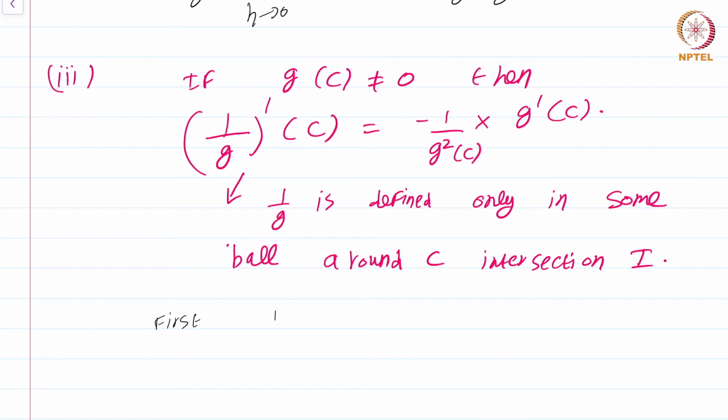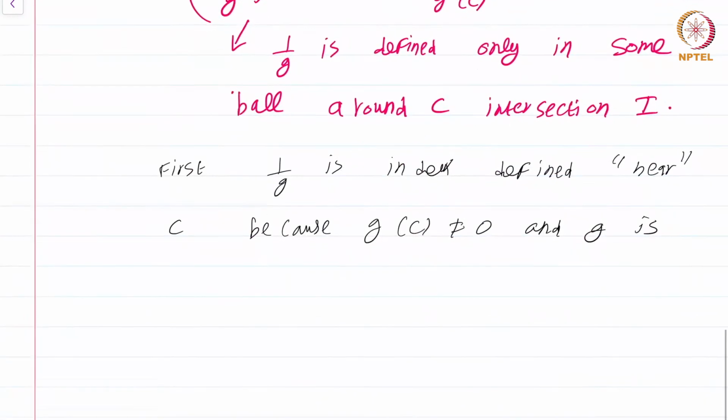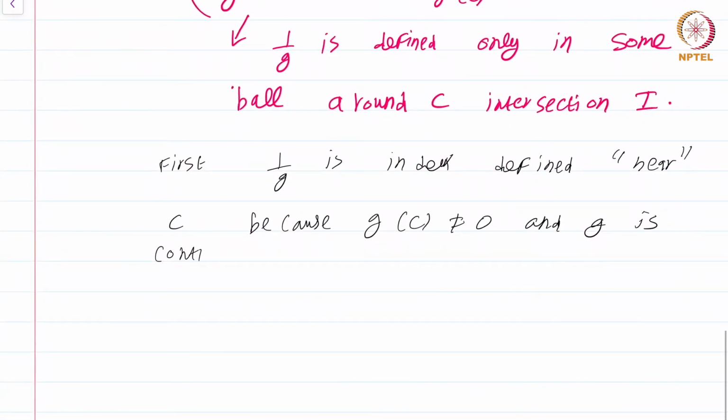First, 1 by g is indeed defined near the point c, because g of c is not 0 and g is continuous at c.